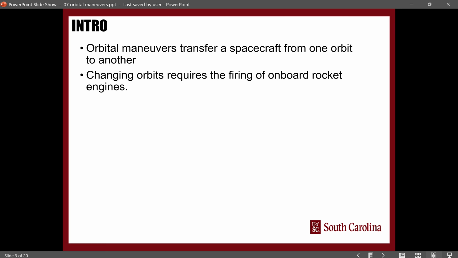Using propulsion, more thrust, using the rockets. Exactly. That's it. So you have to generate thrust to change the orbit. So let's say you have a satellite orbiting around the Earth. You want to send it to the Mars orbit, right? You are going to take advantage of the fact that the Earth and Mars are orbiting around the sun.